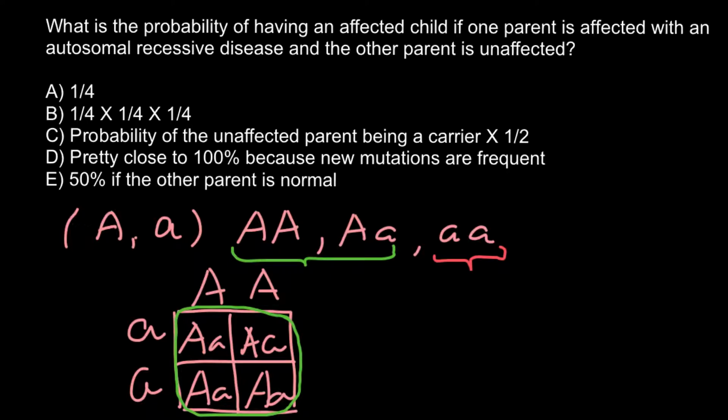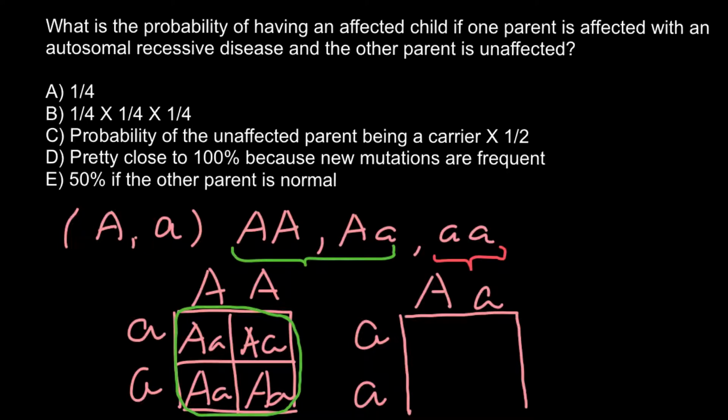So basically, when we know that one parent is homozygous recessive, we are looking for the probability that the other parent would be heterozygous. So we can say that the higher the frequency of the heterozygous genotype in the population, the higher the probability of having an affected child.